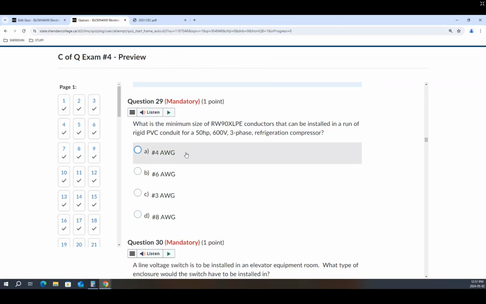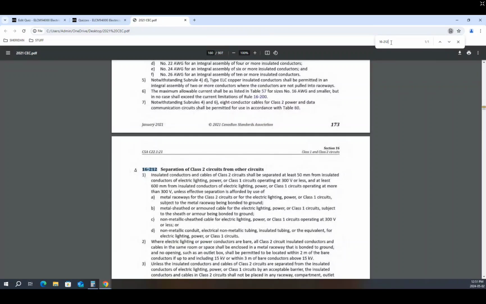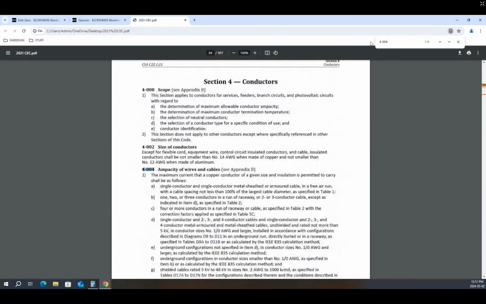Rule 4-006 tells me I have to use 60 degrees because I've got no termination temperature given. So we'll go through this one here, 4-006.